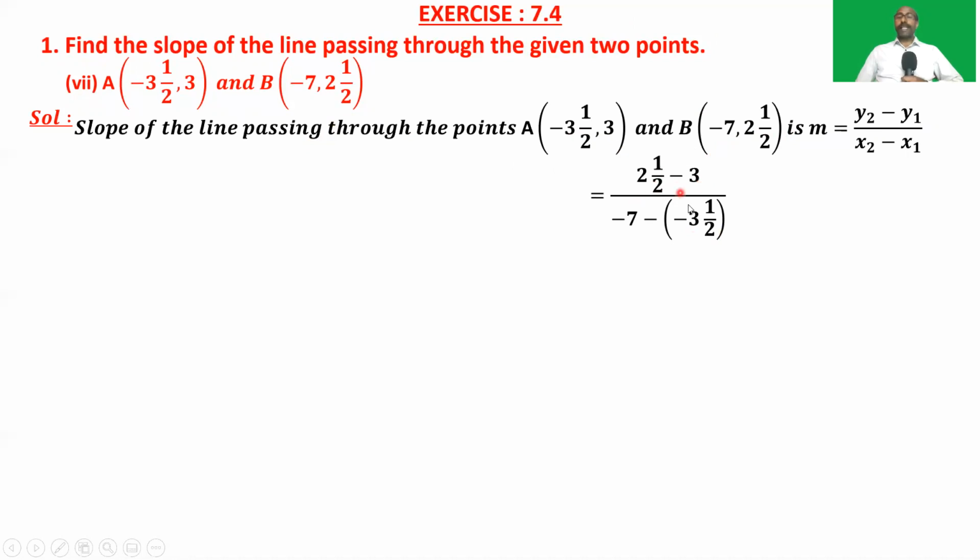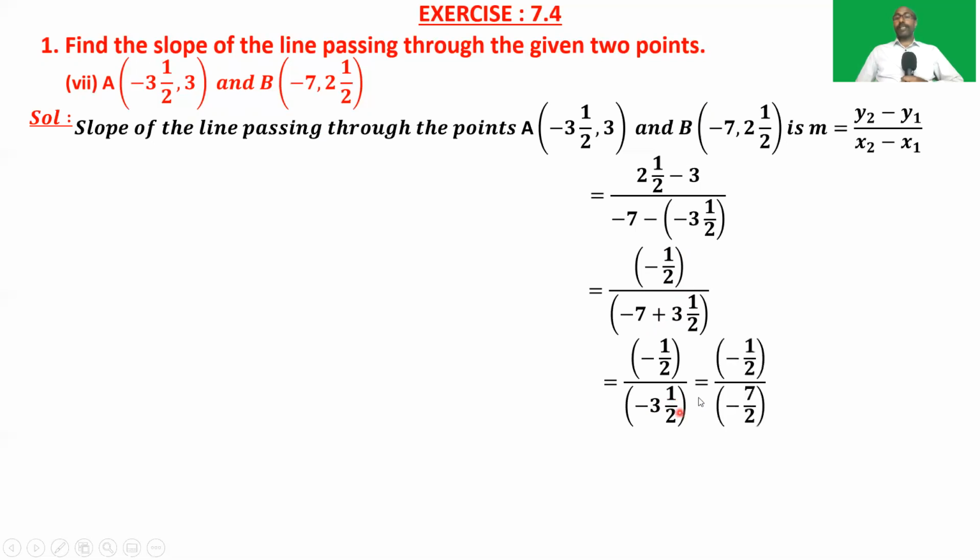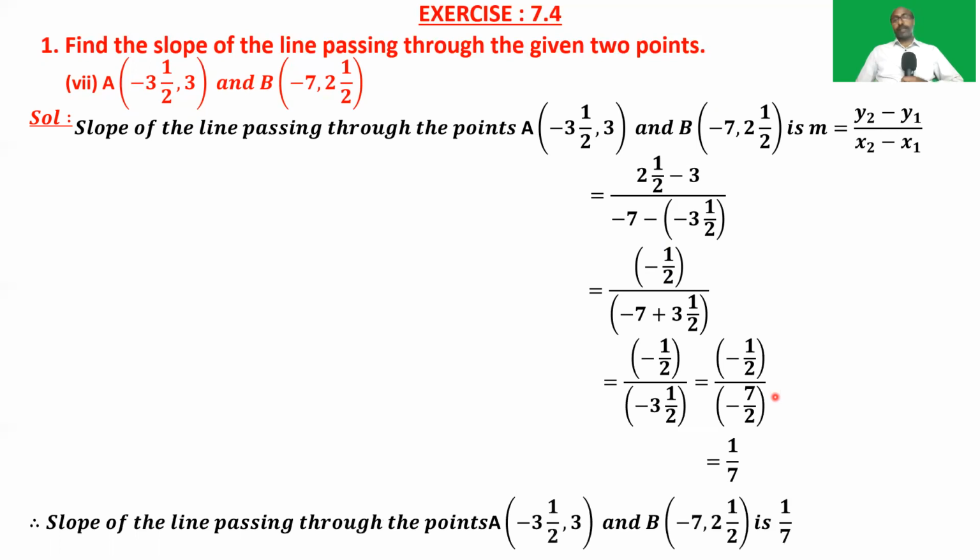So 2 and a half minus 3 is minus half, by here minus into minus plus, minus 7 plus 3 and a half. And the difference between 7 and 3 and a half is 3 and a half. So minus 7 plus 3 and a half is minus 3 and a half. And we can write minus 3 and a half as minus 7 by 2 like this. By cancelling minus in both numerator and denominator and 2 in numerator and denominator, we remain with 1 by 7. So the slope of the line passing through the given points is 1 by 7.